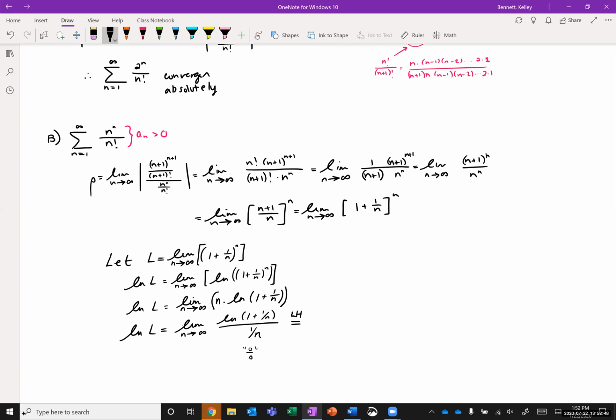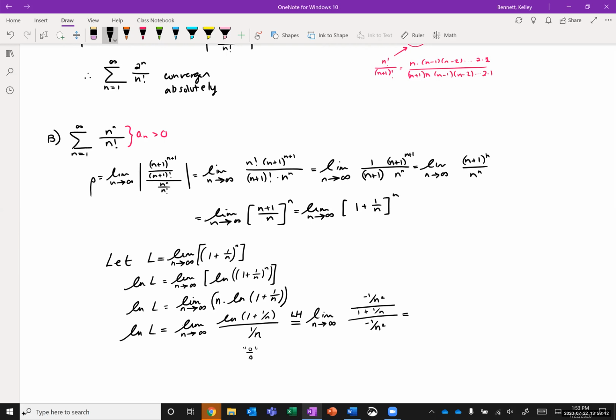And so if I take the derivative of this, no, this is a mess already, that's okay. On the bottom, I'm just going to get negative 1 over n squared. And on the top, I'm going to have 1 plus 1 over n. And then I'm going to have negative 1 over n squared.